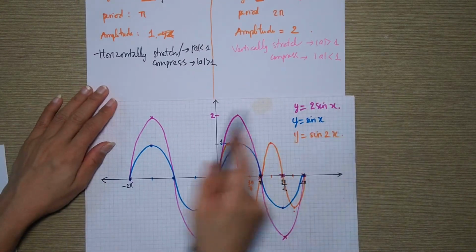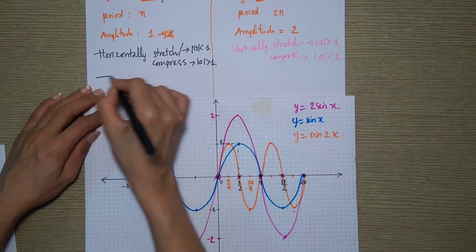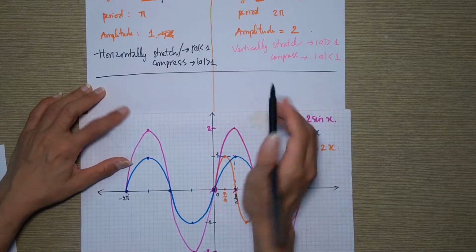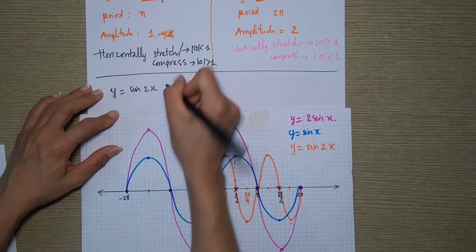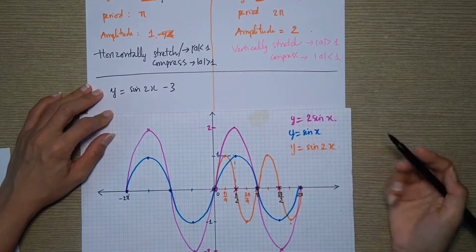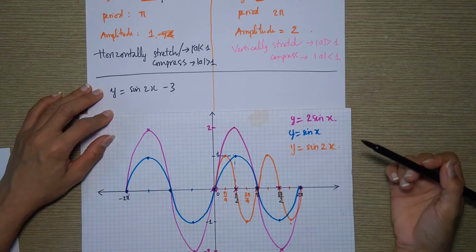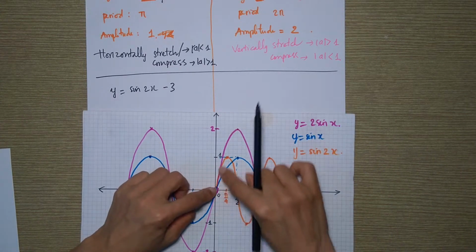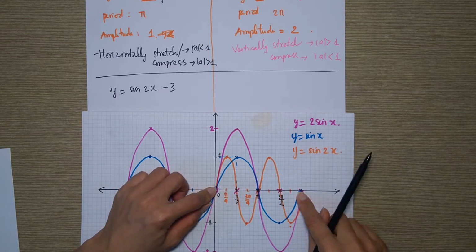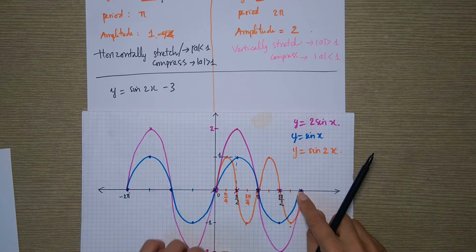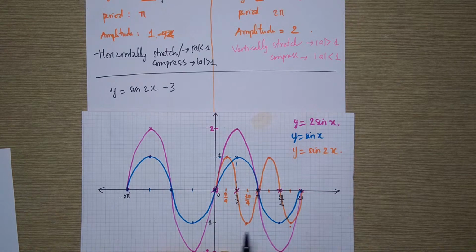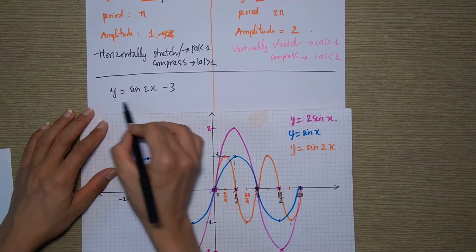Now, if they ask you to sketch a graph of a function like y equals sine 2x minus 3, what will you do? You just take this orange graph and go down 3 units, so going down 1, 2, 3 units. That's how we do the transformation for this one.